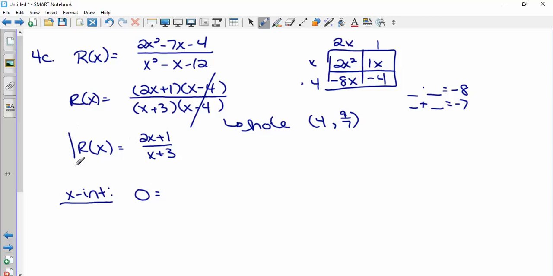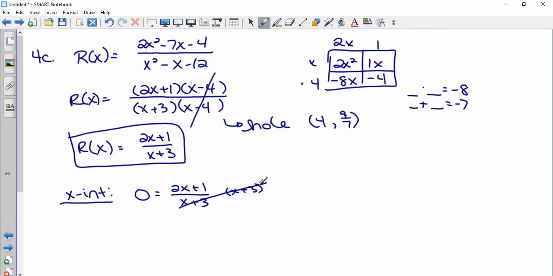We can use this reduced equation from here on out. If you were solving this, the first thing you would do is multiply over your denominator. And what's 0 times anything? 0. So it's really just what makes the top 0. So if we subtract our 1 and divide by 2, we get an x-intercept of -1/2.